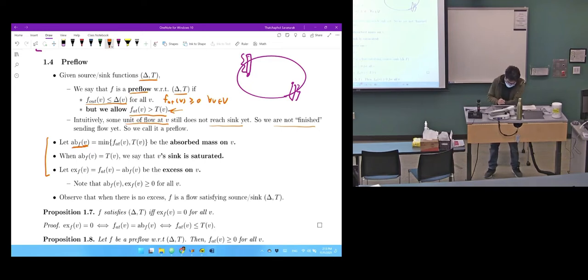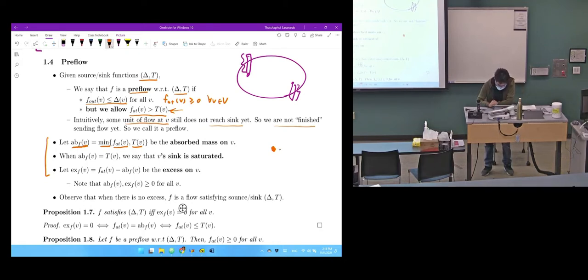It's really just the amount of flow. It is defined to be the minimum of flow at v and sink at v. It's really just the way you think about how much mass is absorbed at v.